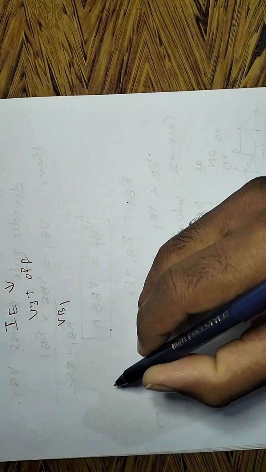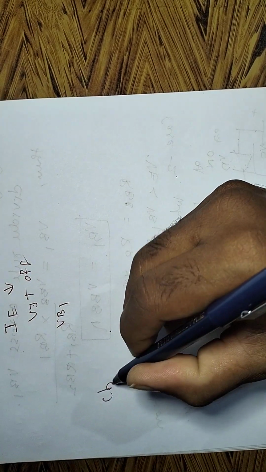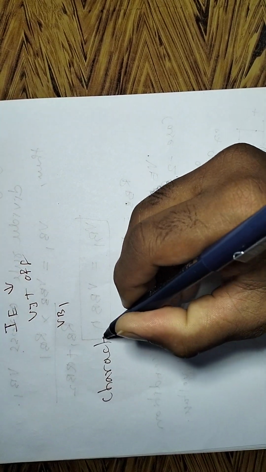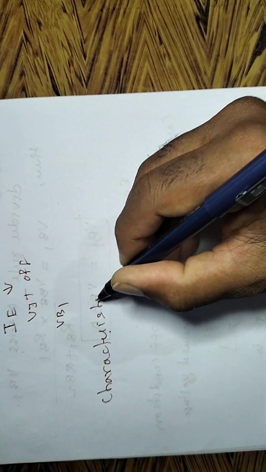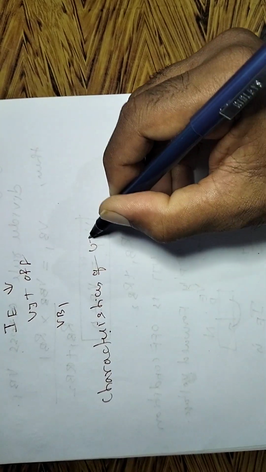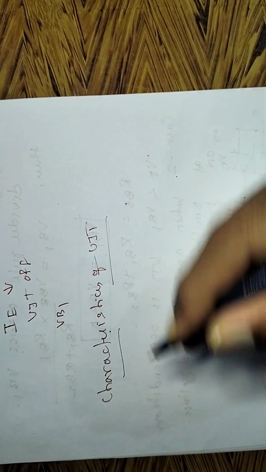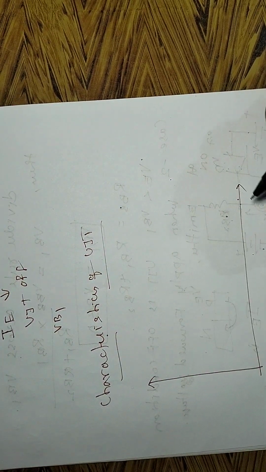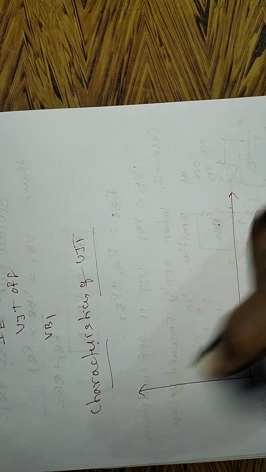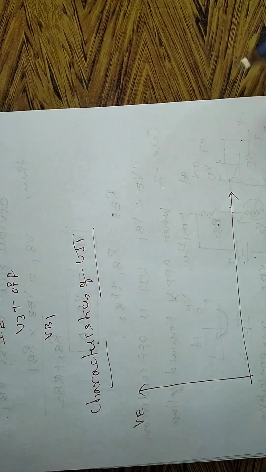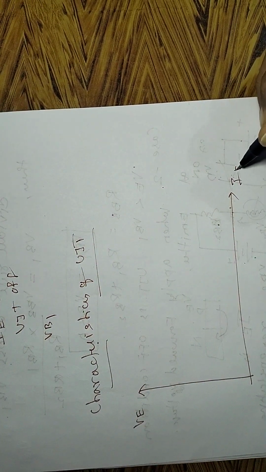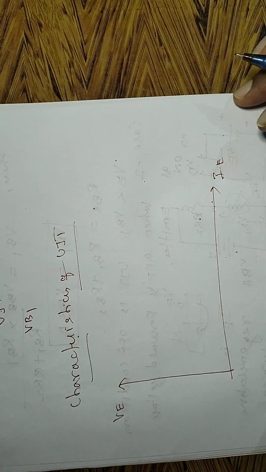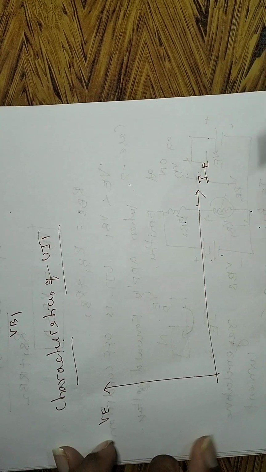Now let's see the characteristics of UJT, between emitter voltage and emitter current.